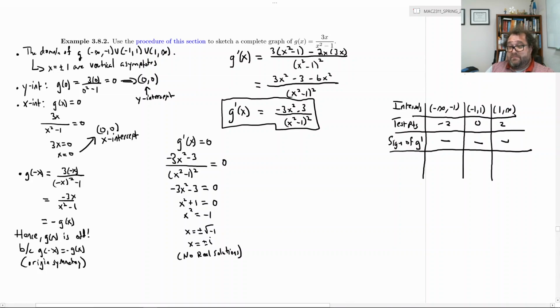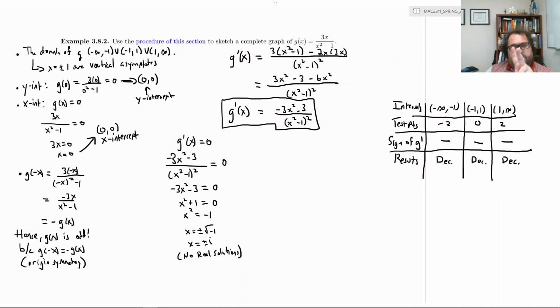So it is possible that the increasing or decreasing behavior changed at an asymptote, but in this case it didn't. The function's decreasing over its entire domain. So again, results here. I kind of got ahead of the game here. Results: decreasing because the derivative is negative. Everywhere decreasing. Interesting.